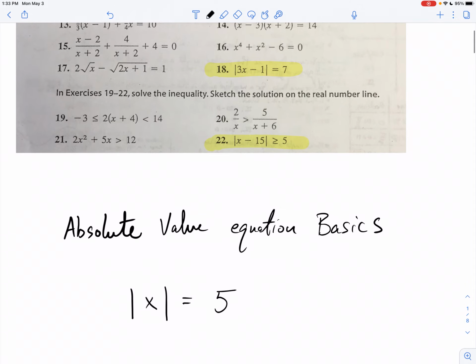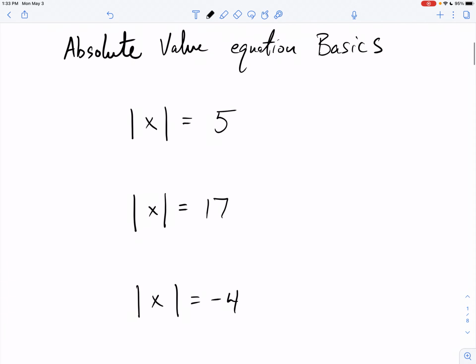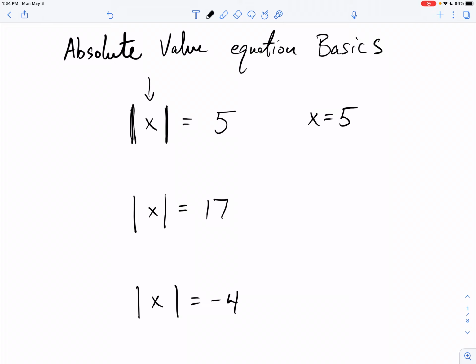It says here, absolute value equation, the basics. So I made up 3 questions so you totally see this real quick. There is a definite number that I could plug in for x to make this a true statement. If I were to plug in the number x equals 5, the absolute value of 5 would be 5.